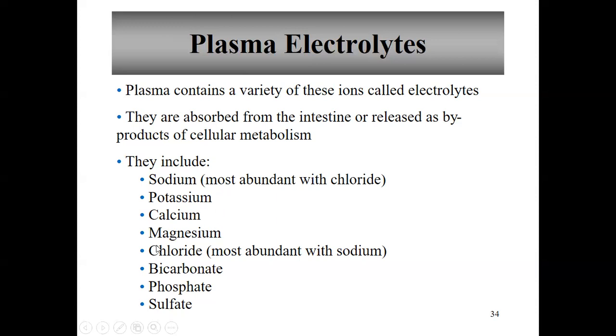Calcium, magnesium, chloride again, bicarbonate, phosphate, and sulfate. All of these are electrolytes. Sometimes you'll see them as a salt. So again, potassium sulfate, magnesium phosphate, sodium bicarbonate, potassium chloride. All of those are salts, and each salt is made of these individual ions.